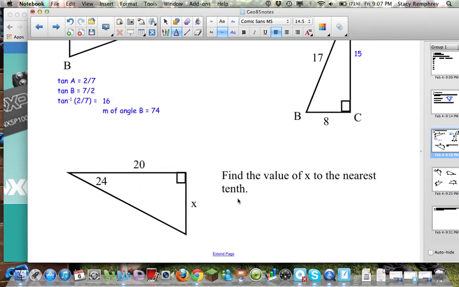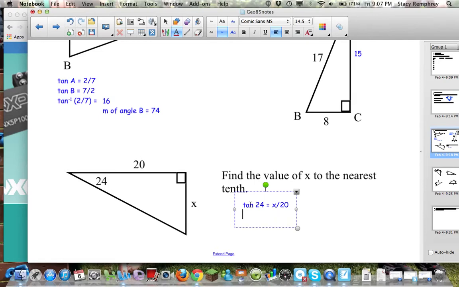When you get to here, it's more of what it will probably look like. I'm going to use the tangent to figure out the measure of x. I can't use the Pythagorean theorem because there aren't two sides given, and this is not a special right triangle, so I don't already know those ratios. So I know the tangent of the 24-degree angle will equal x, because that's opposite, divided by 20. So I'm trying to figure out what I would divide by 20 to get this ratio.